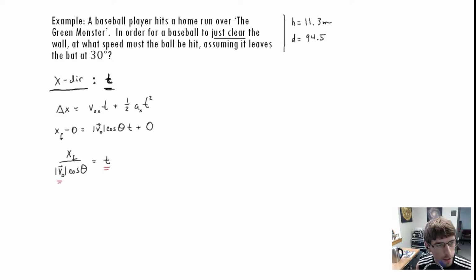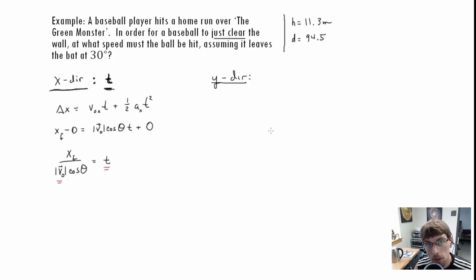So let's go to the y direction. This is where we're going to get our second equation. We'll get it from our y direction. Similarly, if we go back and look, we don't know anything about the initial and final speeds.